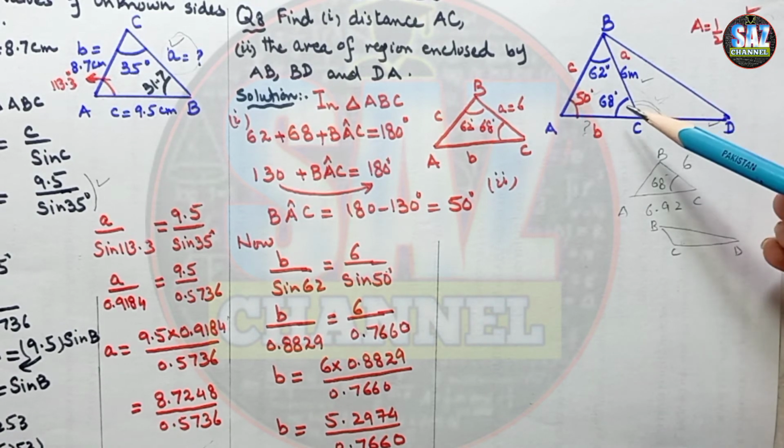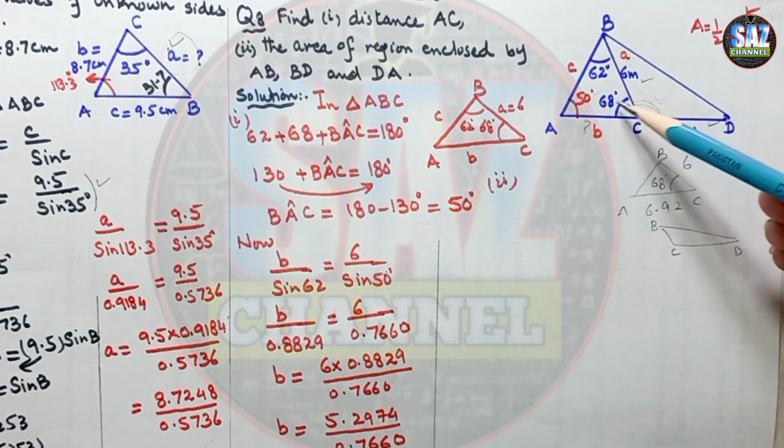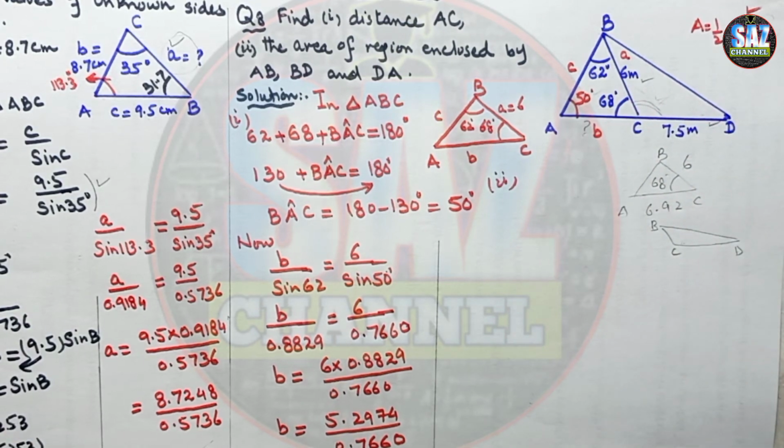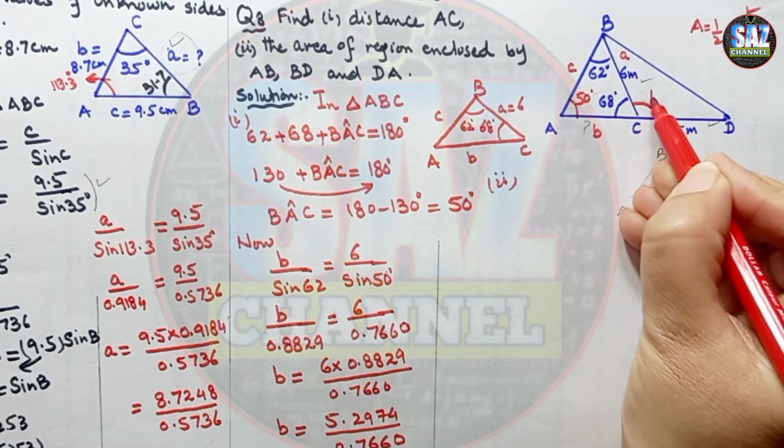Now the problem is first to find this angle. For this angle I have to take away 68 from 180. 180 minus 68 gives me 112. This angle is 112 degrees.